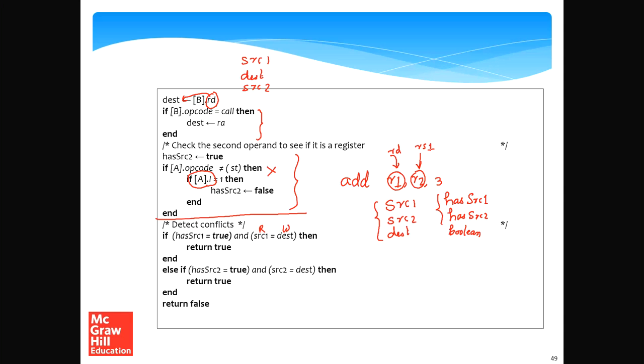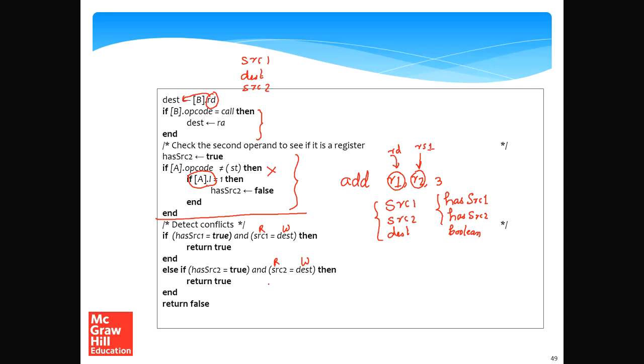So there is a read after write dependency, then we return true, so a dependence exists. Else if has src2 is true, which means that the second source exists, and src2 is equal to dest, which means again there is a read after write dependence, then also we return true, which indicates that between instructions B and A, there is a read after write dependence.